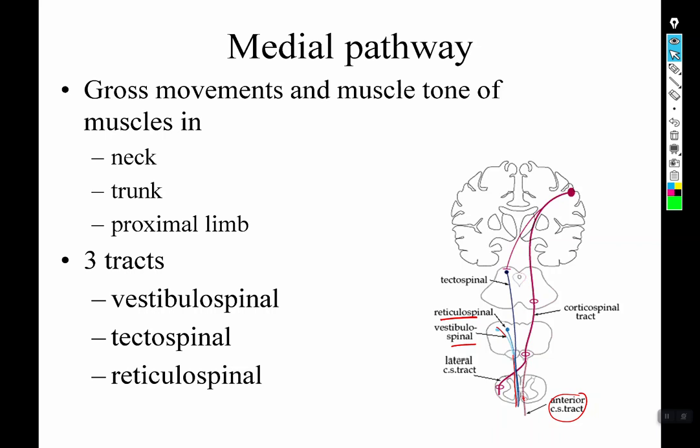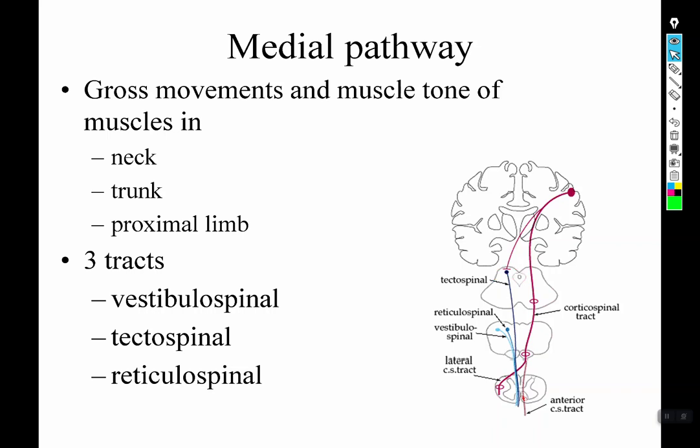So reticulospinal and vestibulospinal refer to the reticular formation and the vestibular system respectively. And there's also the tectospinal, which is up here. So this area of the midbrain is called the tectum. And this is a place where certain visual reflexes and other things are coordinated.